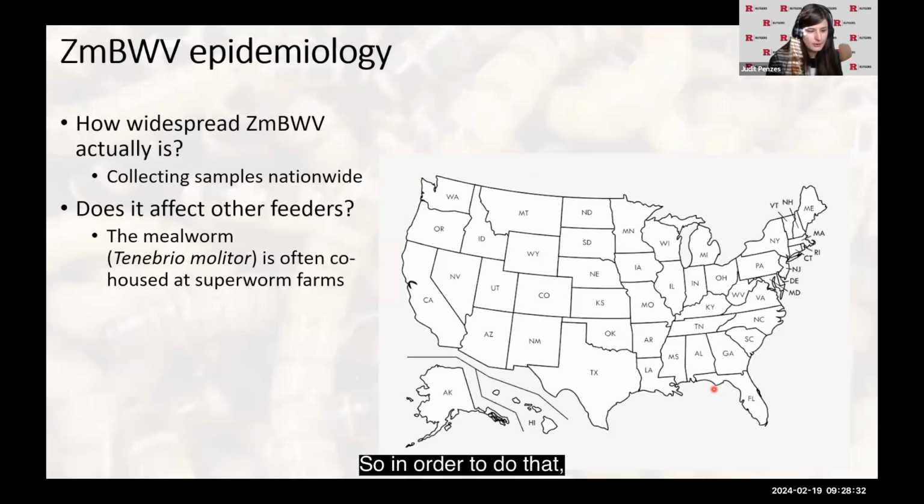So in order to do that, we turned our attention not only to superworms, but also the closely related mealworms, since these animals, apart from being zoologically really closely related, are also frequently housed at the same farms, and we wanted to get to the end of it, whether the mealworms could have any role in this pandemic, even though we don't hear about mealworm colony collapses as opposed to the superworm ones.